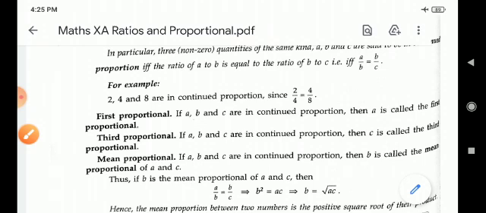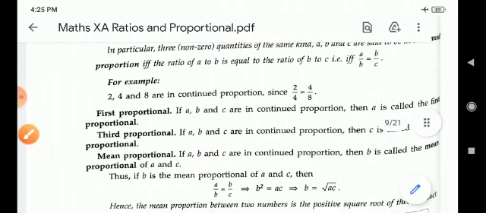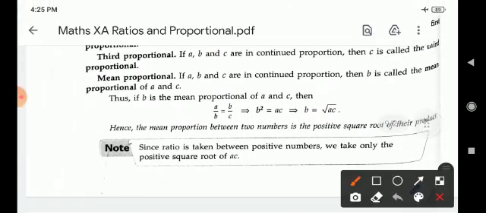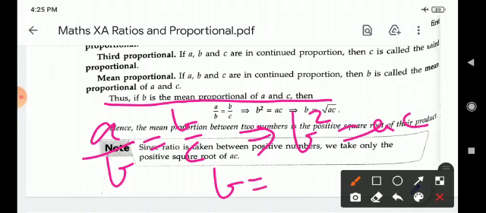Okay children, mean proportional: if a, b, c are in continued proportion, then b is called the mean proportional. If b is the mean proportional of a and c, the formula is a upon b is equal to b upon c, that is b square equal to ac, that is b equal to under root ac.